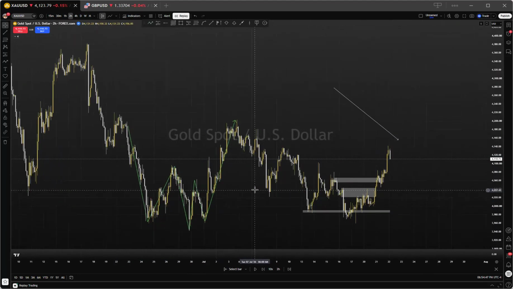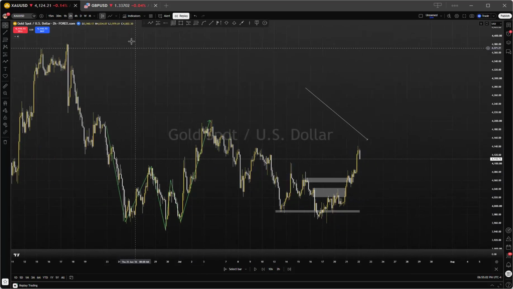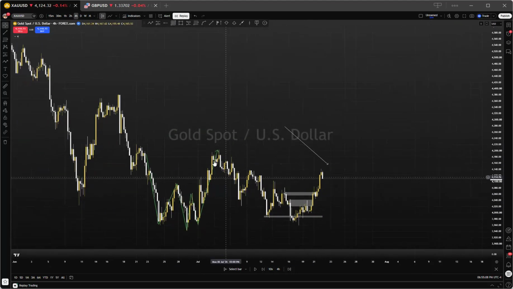So what do I do next? I have my lower low, lower low, higher low, lower high, higher low, higher high, right? So now where's my indication, correction, and continuation? I go to my 4 hours. I try to see structure from that point of view, and then I go on the line chart.